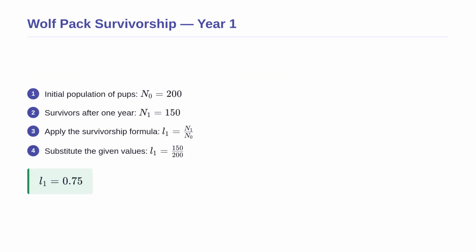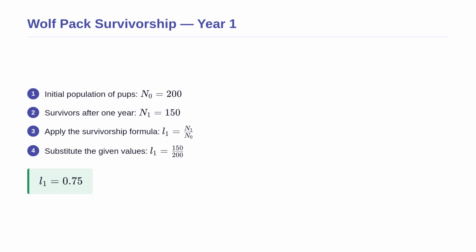Let us apply this formula with a practical example from the field. Suppose a wildlife biologist is tracking a newly born cohort of gray wolves. We are given that the initial number of pups is 200. After exactly 1 year, 150 wolves are still alive.